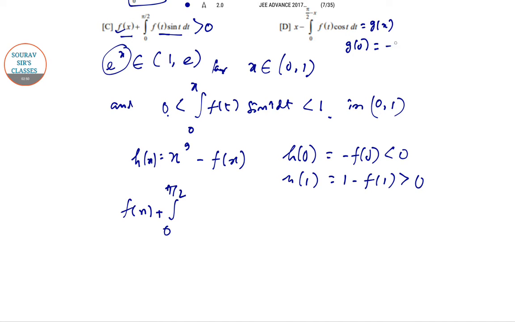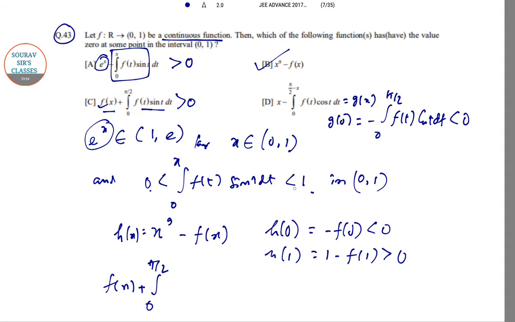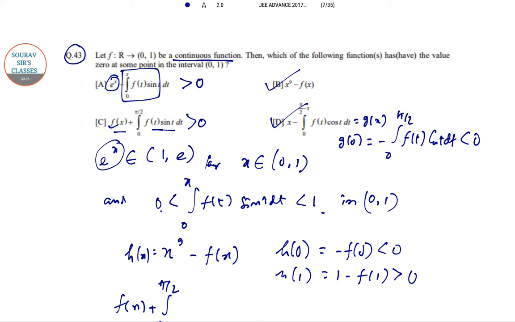The first part is 0, so gone, leaving the integral from 0 to pi by 2 of f(t) cos t dt. This itself is negative, so this is also a possible answer. So B and D are the correct answers in this case.